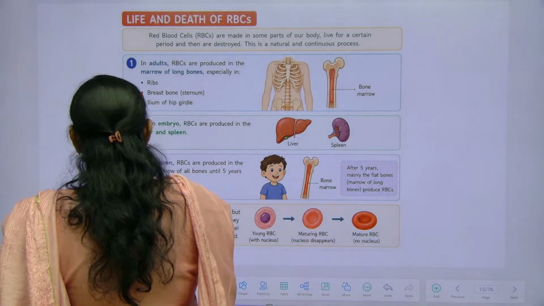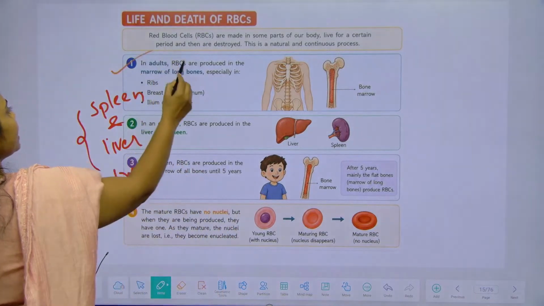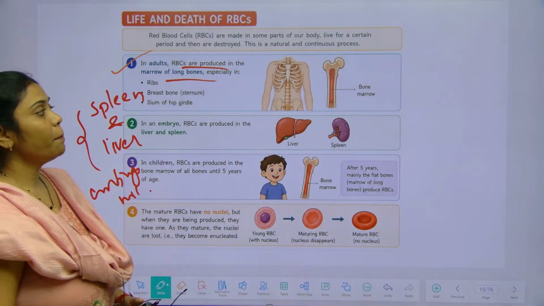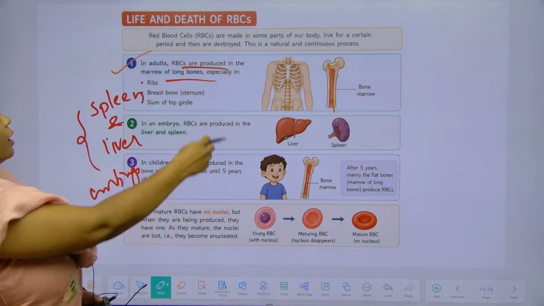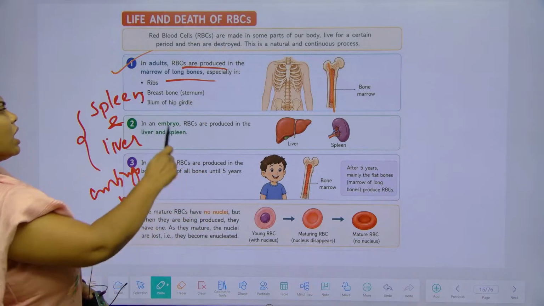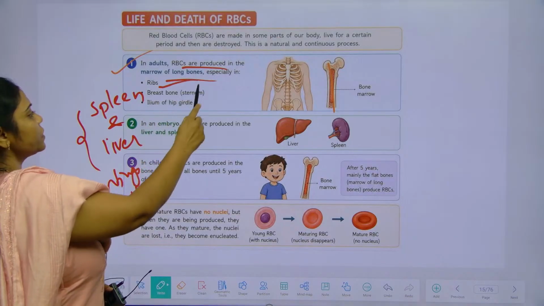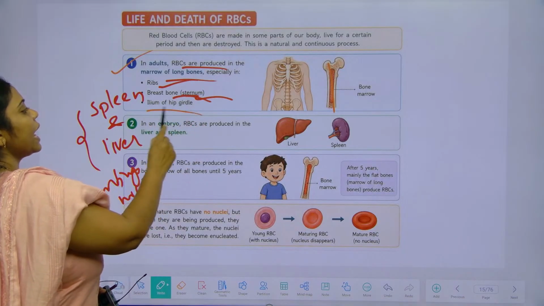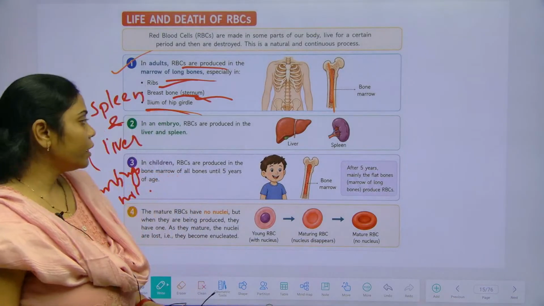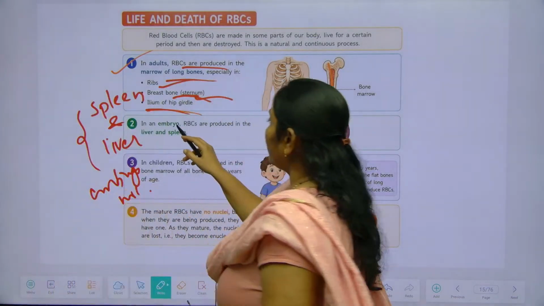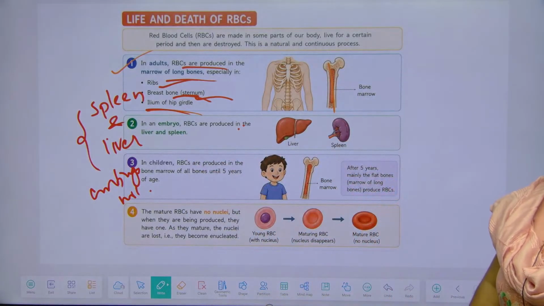Clear? So in adults, RBCs are produced mainly in the long bone marrow. Also in some other parts, but very little, that is ribs, breastbone like sternum, and ilium of the hip girdle. This region we call the hip girdle. Clear? In the embryo, as we discussed, RBCs are also produced in the liver and spleen.